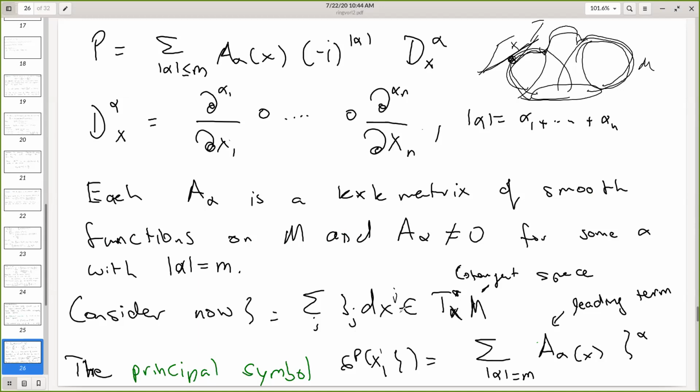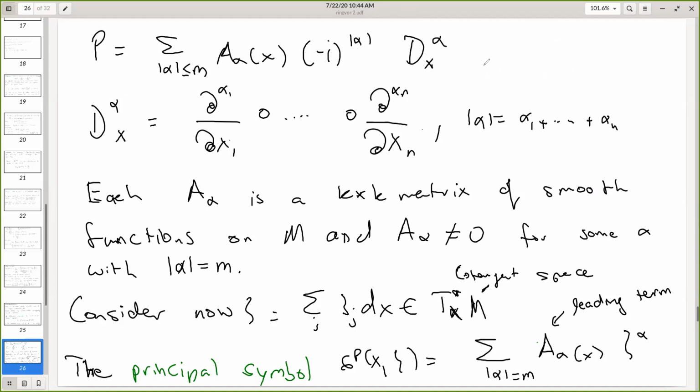The principal symbol I define as the leading term of this differential operator. What does that mean? Let's take the Laplace-Beltrami operator on a Riemannian manifold.